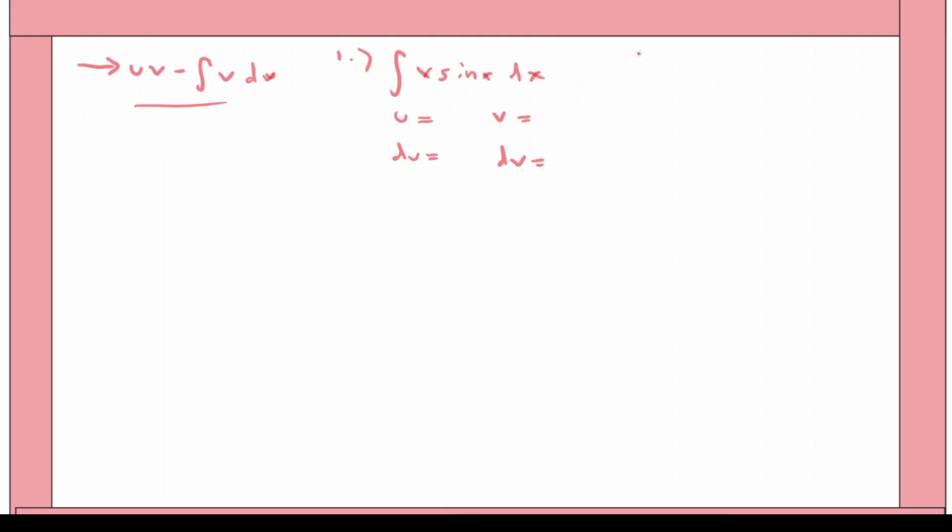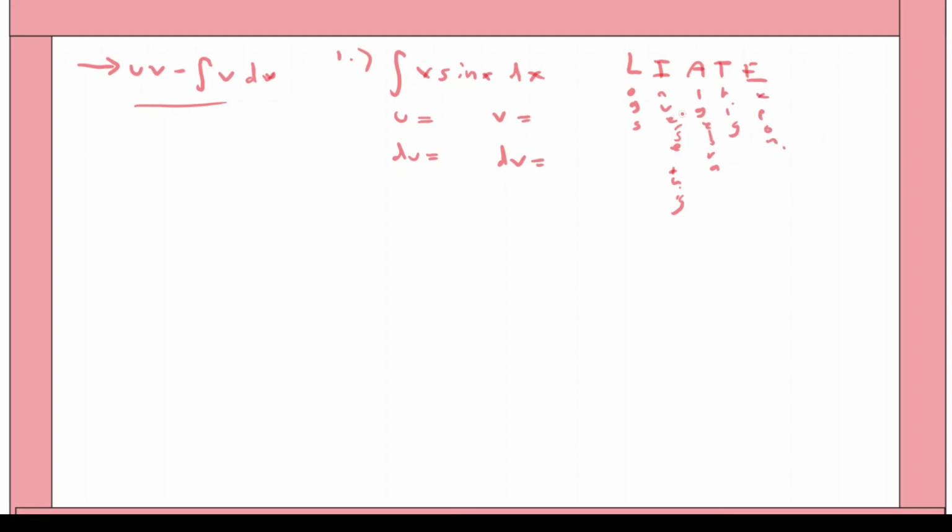To help you with that, there's this acronym called LIATE, and it's very helpful for most integration by parts problems. It stands for a series of things. The L stands for logs, the I stands for inverse trig, the A stands for algebra, the T stands for trig, and the E stands for exponents.